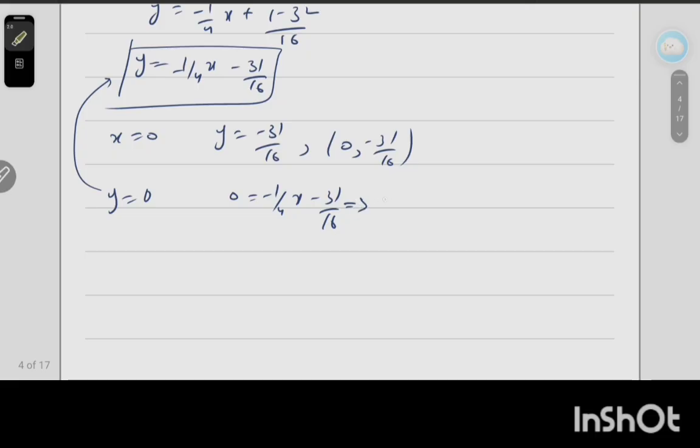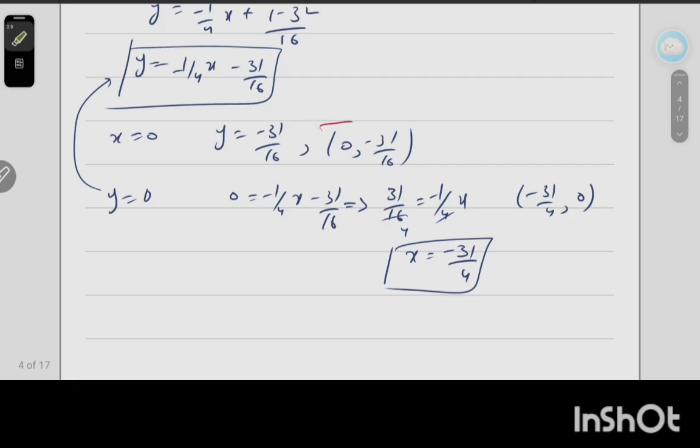We get 31 by 16 equals minus 1 by 4x, and 4 ones are 4, 4 fours are 16, and x equals minus 31 by 4. So our second point is minus 31 by 4, 0. Okay, we get this point.